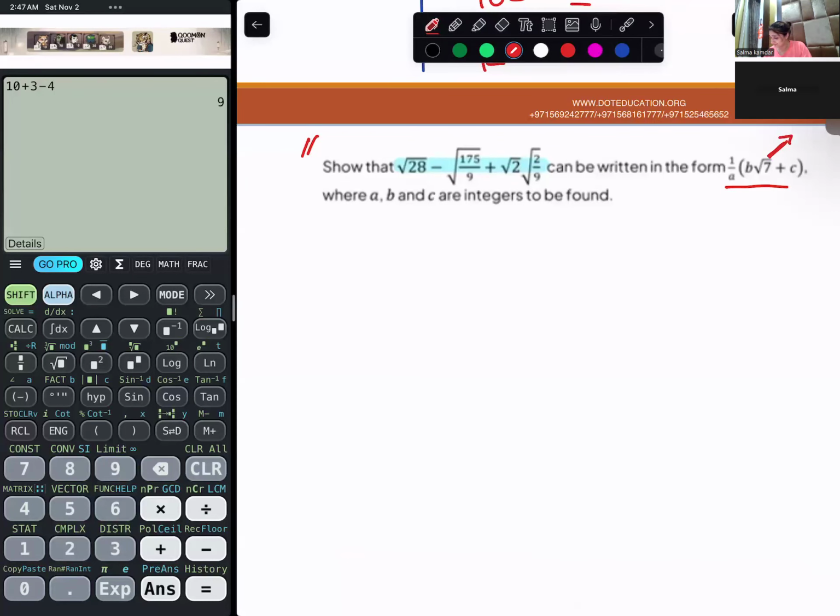They want root 7. So I'll first write the question: root 28 minus root of 175 over 9 plus root of 2 over 9.